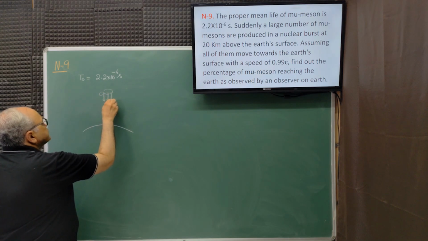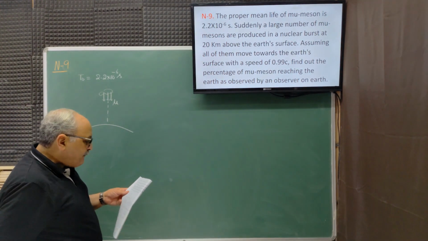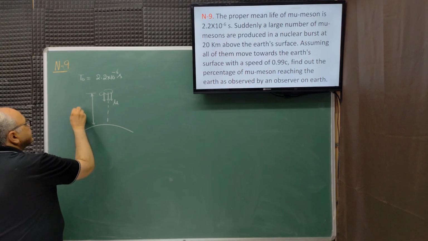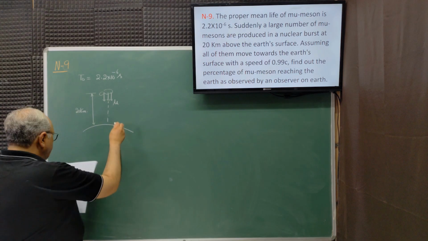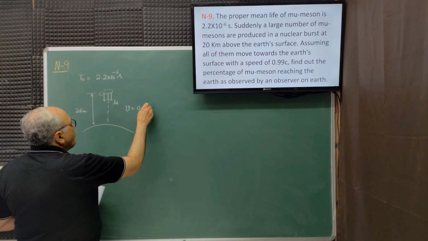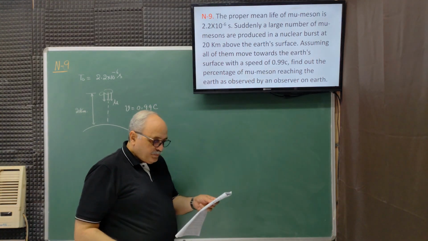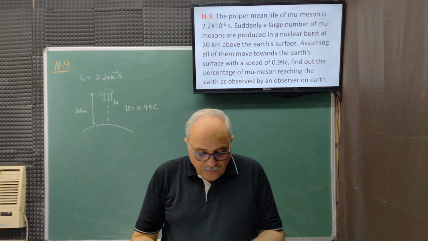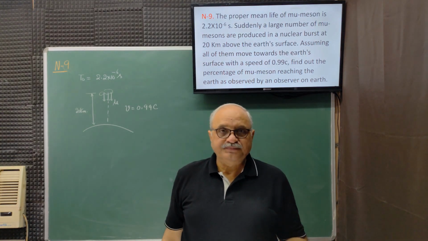These mu mesons are moving towards Earth, and this happened 20 km above the Earth's surface, and they are moving with a speed equal to 0.99 c. Now find out the percentage of the mu mesons reaching the Earth.